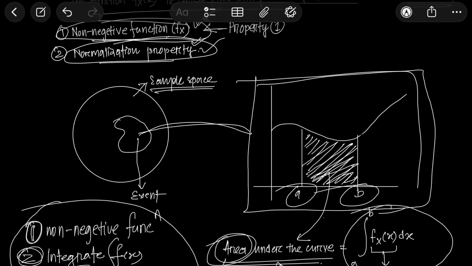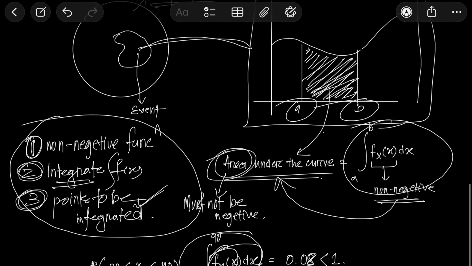So the area must not be negative. So you will take the first condition, that f of x must be non-negative, so that the area must not be negative. This is why the function must be non-negative.